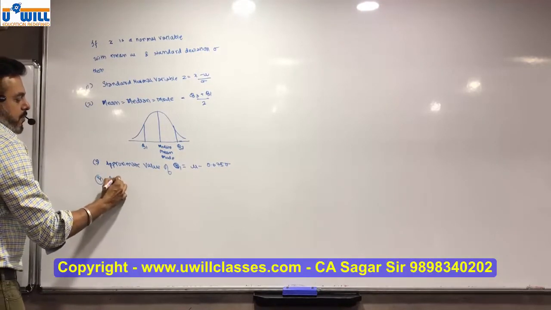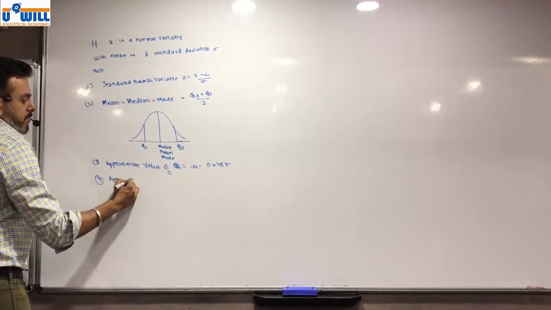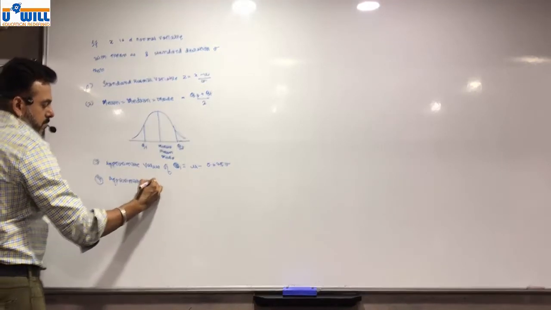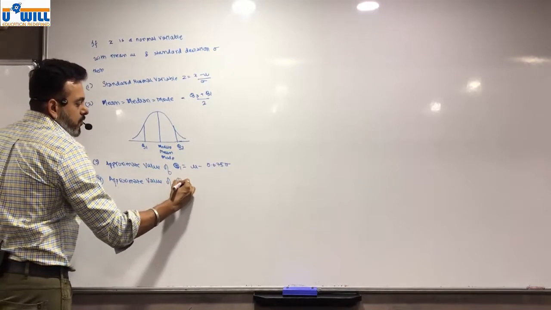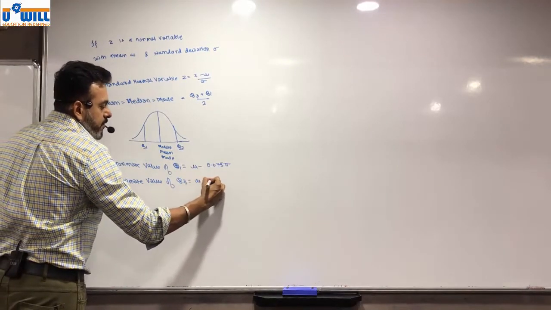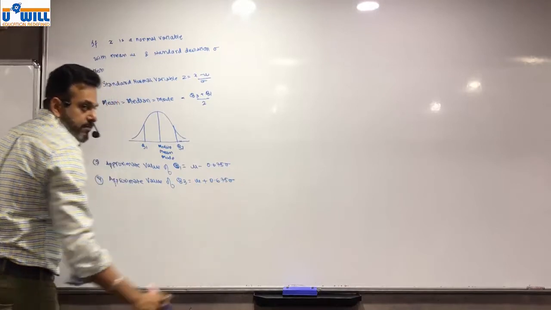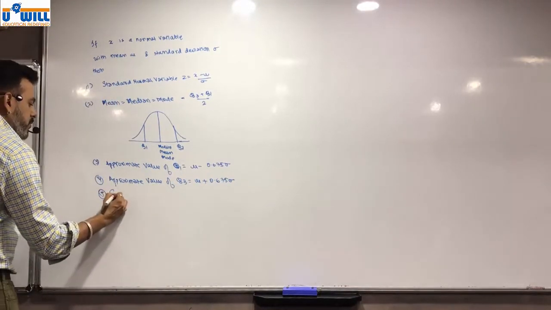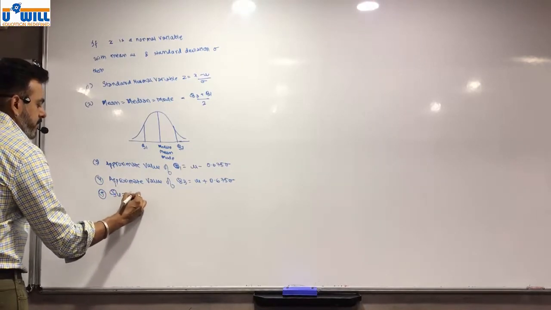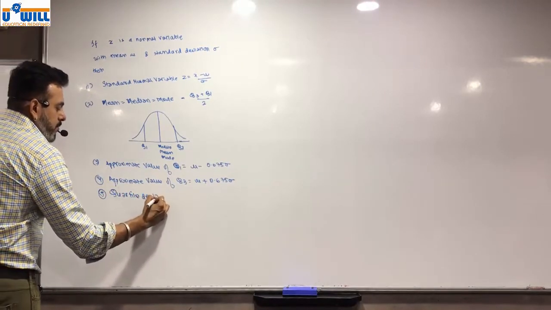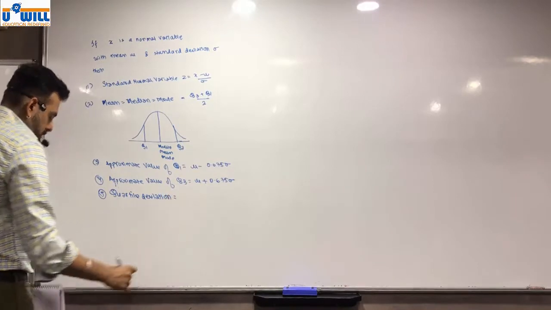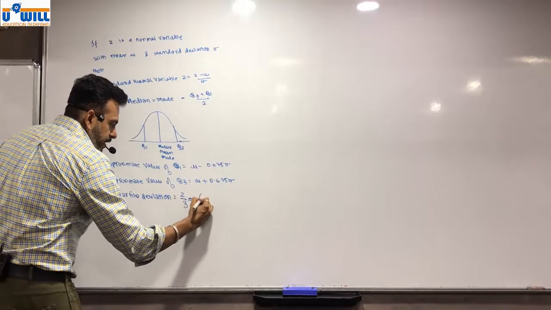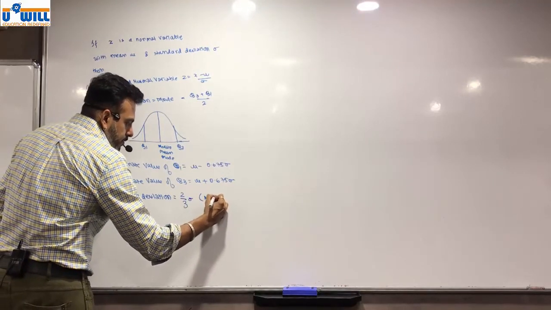Fourth, approximate value of Q3 is equal to mu plus 0.675 sigma. Fifth, quartile deviation is equal to 2 by 3 into sigma, approximate.